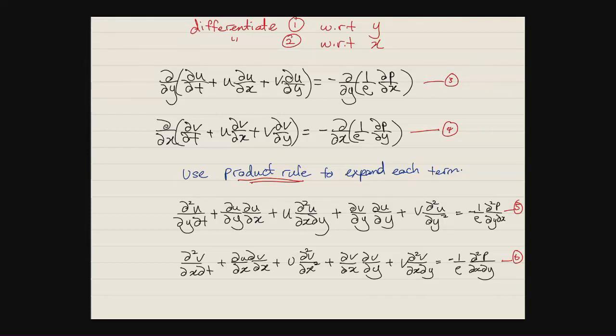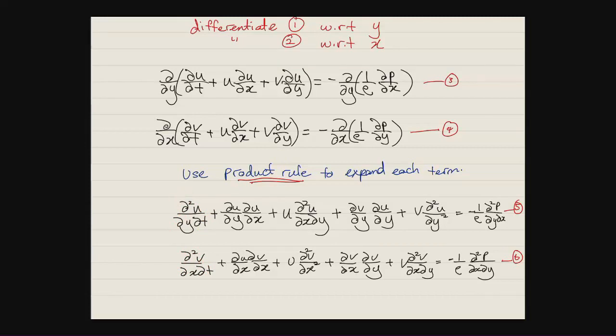Okay? So the next step is to get rid of this term here, right? So I'm going to take equation 5 minus equation 6, and the term on the right hand side just cancels off. At the same time, I want to factorize the equation as well. So I'm going to take out the del t term.